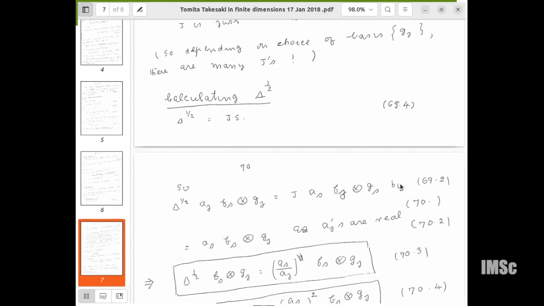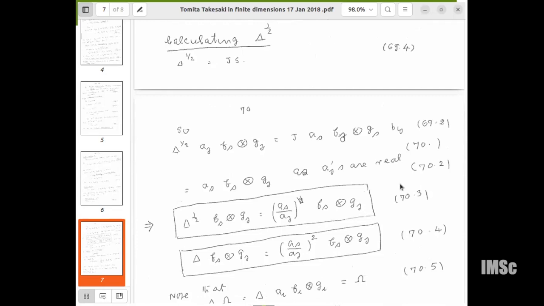So J I told you, and again the A's are real, so you simply flip this, and you get F plus times G. So I know what delta to the power half is. Okay. So delta to the power half on F plus Gj is equal to, by comparison of the two equations, A_s over A_j times this. Okay. This is a very important equation.